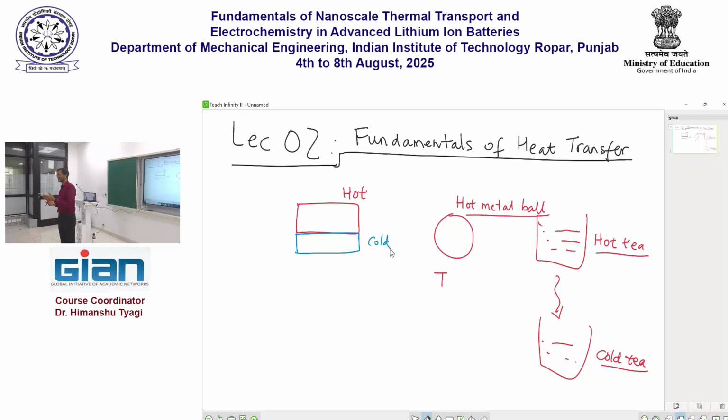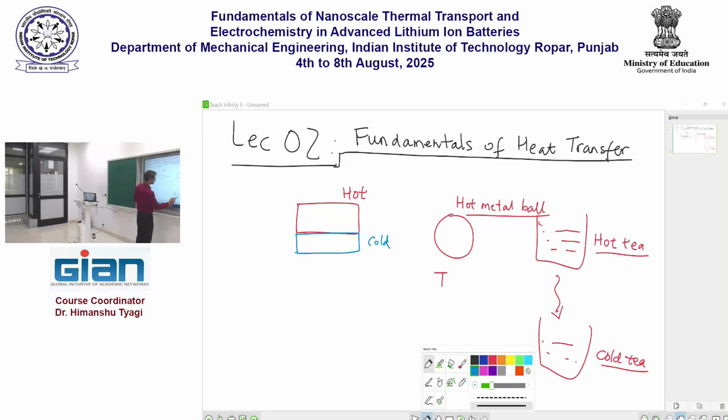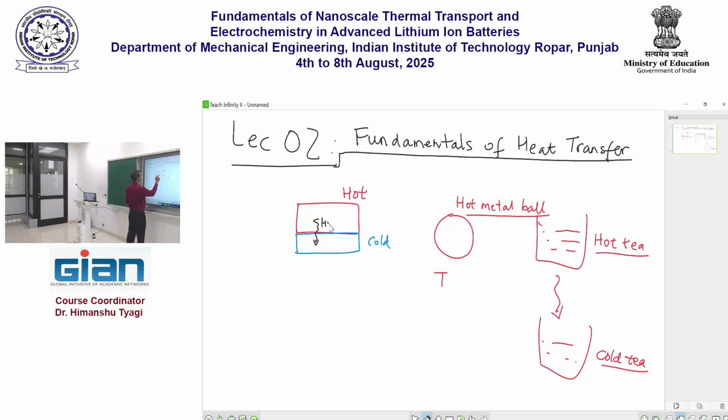Heat exchange. Heat exchange will happen. Heat will flow from hot to the cold side, so that the temperature of the hot body goes down, the temperature of the cold body goes up until the two temperatures become equal to each other.